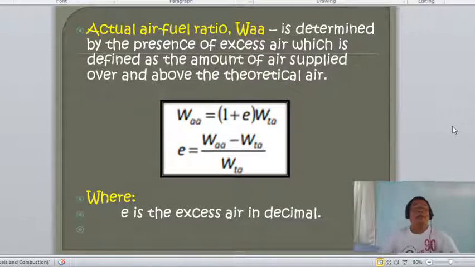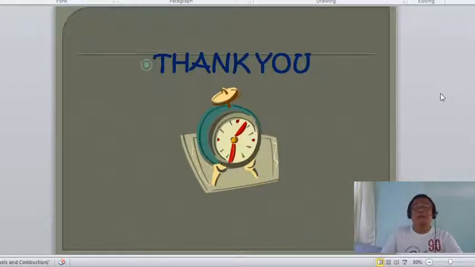So, another we have here, the actual air-fuel ratio. Take note, we are only going to multiply the theoretical air-fuel ratio by 1 plus the excess air given, E. So, that is now the actual air-fuel ratio.